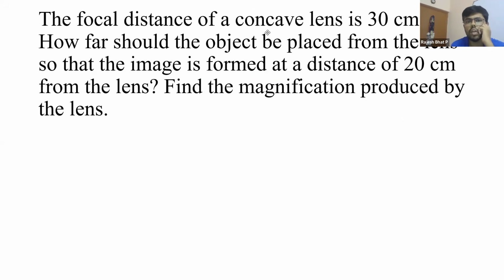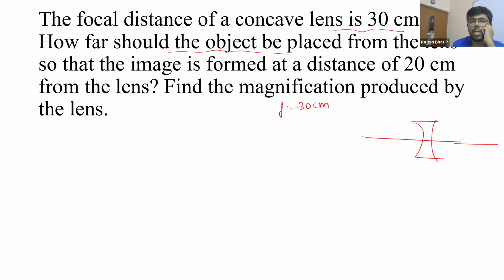Concave, again concave. The focal length is given, which is 30 centimeter. Concave means negative. How far should the object be placed from the lens so that the image is formed at 20 centimeter? Same type as the last problem.